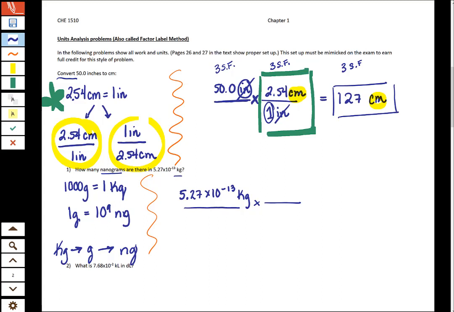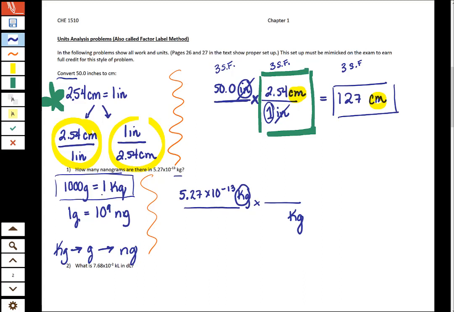So now let's take our equivalency here and turn it into a conversion factor. So we have kilograms on the top term here. That means we need to have kilograms on the bottom term of the next term.